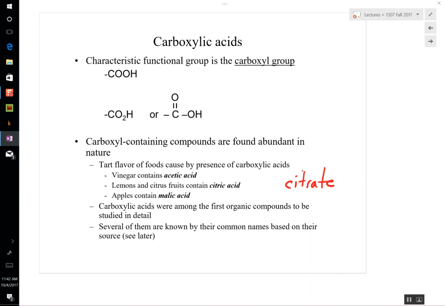You can squeeze a little lemon juice over top of some things, and it won't brown or start looking like it's going bad very rapidly. It'll preserve it naturally. Among some of the first organic molecules that were studied, some of these are just common names. This isn't an IUPAC naming system, it's just common names.